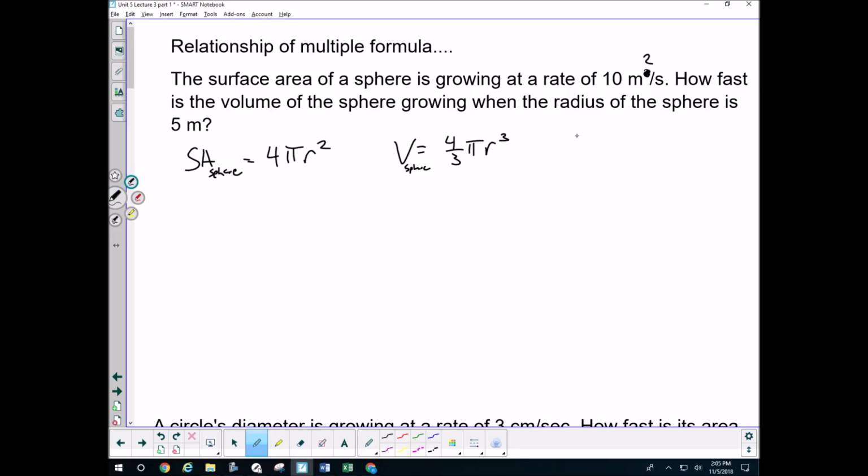You were told that the surface area of the sphere is growing at a rate of 10 squared meters per second. So write what that is translated using calculus notation. You're asked how fast is the volume increasing when the radius is 5.